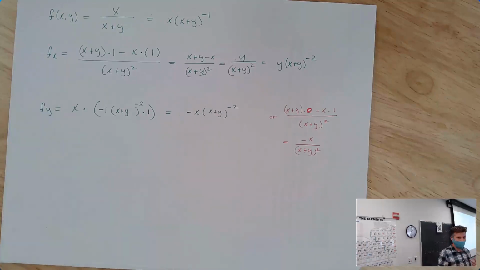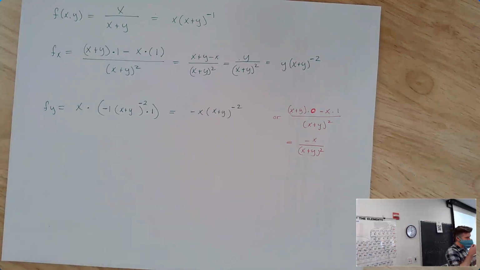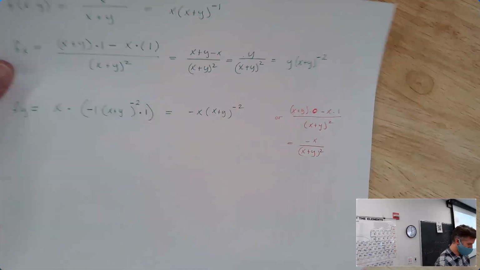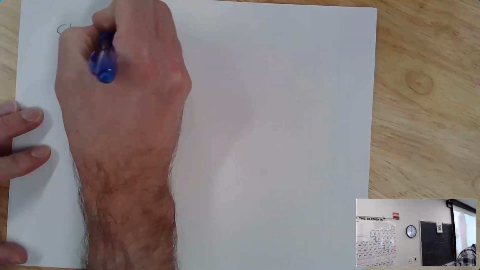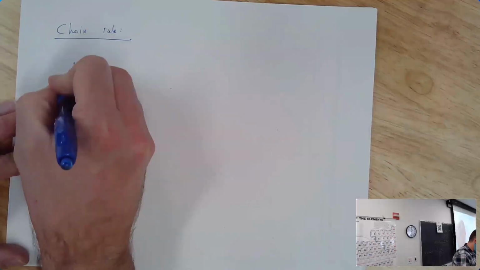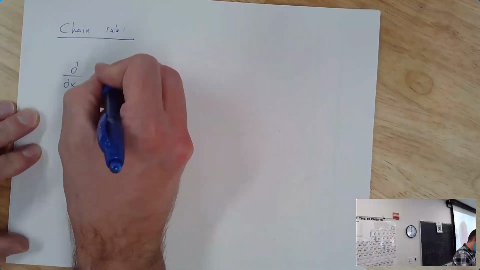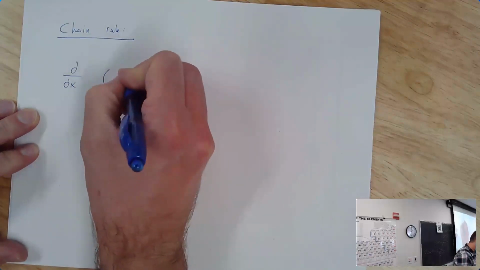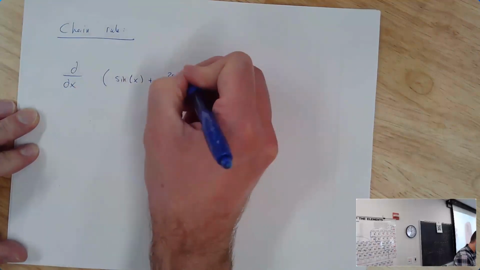Very generally, the chain rule applies when you have a function of some stuff. So, chain rule example: if I was taking a function of one variable, say the derivative with respect to x of (sine of x plus e to the 2x) all to the 5th power.